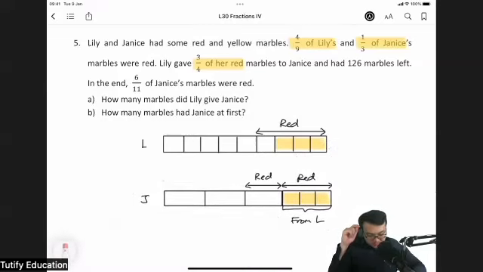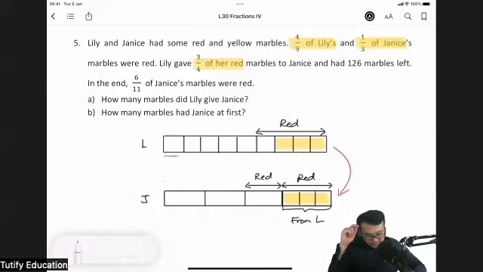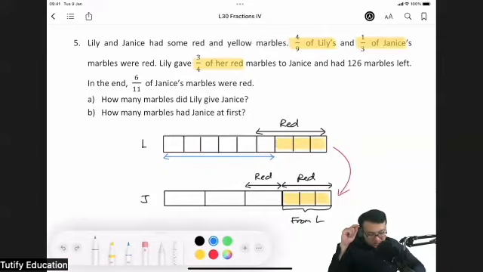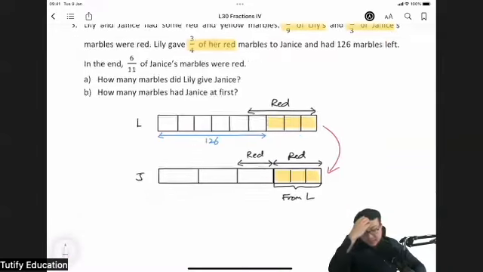Yes. Okay, let's go back to here. The remainder is how much Lily has left. So this is the 6 units, because this is already gone. She already gave that to Janice, so she has 126 marbles left.